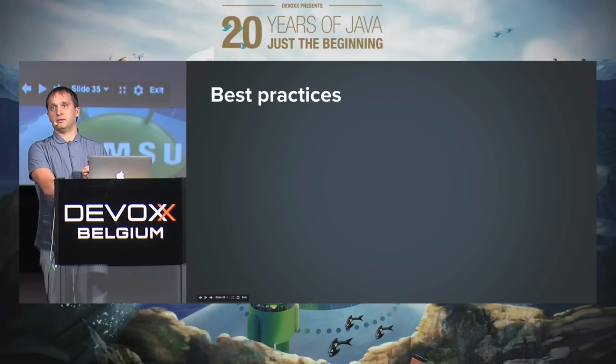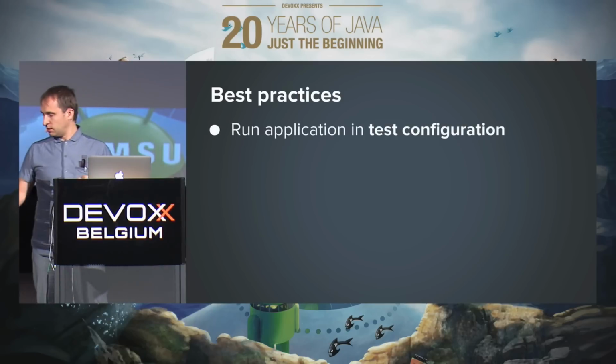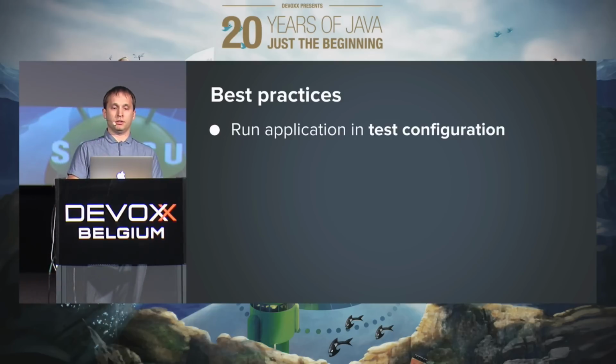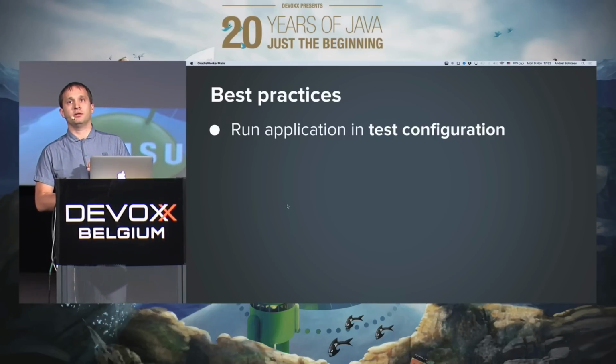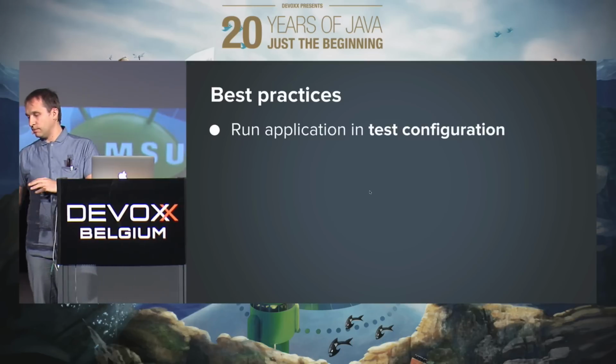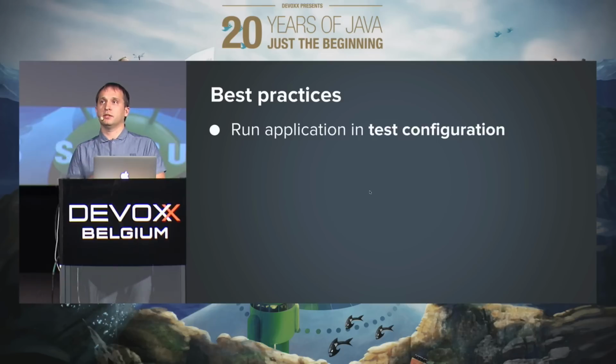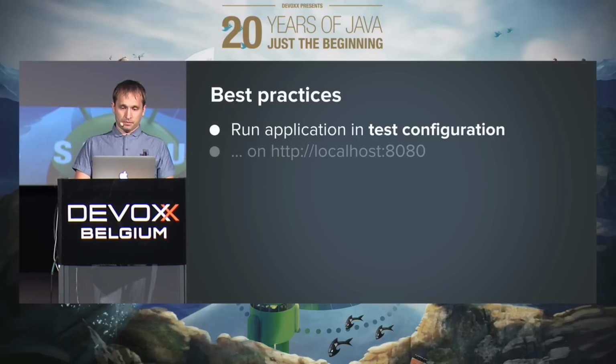How do you enable it? How do you make it possible? This is up to you, but typically the best practice is that your application must have a test configuration. You can run a real internet bank with real money, and you can run a test internet bank with absolutely the same code base, but in a test configuration that uses mocked data or a predefined data set, a few artificial accounts and so on.